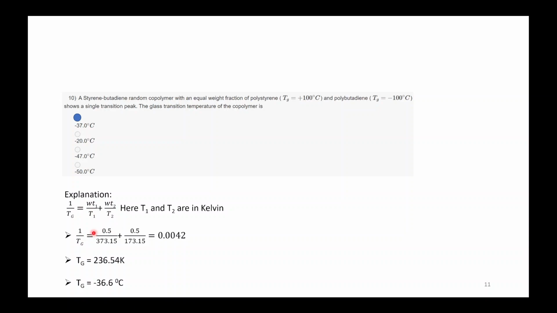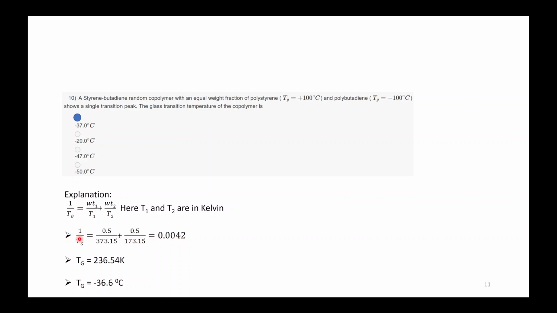The fractions, as I already said, will be 0.5 and 0.5, because these are equal weight fractions. Now I have converted these Tg into Kelvin. After calculating, it will be 0.0042.